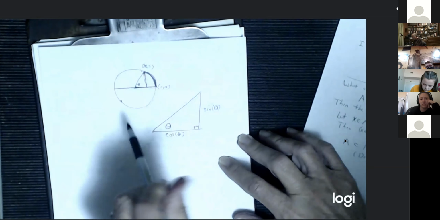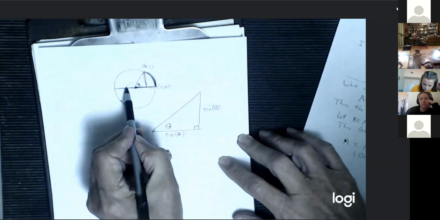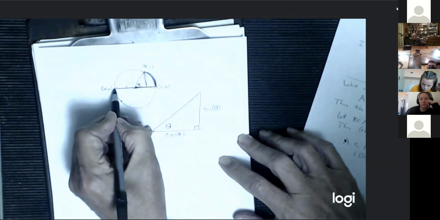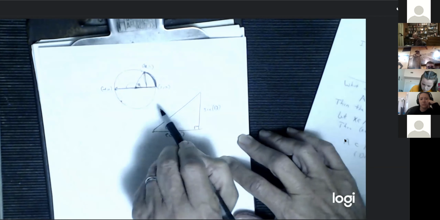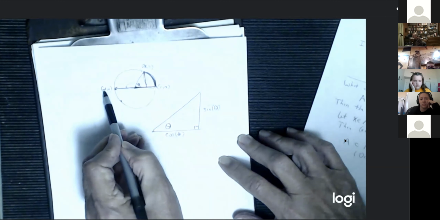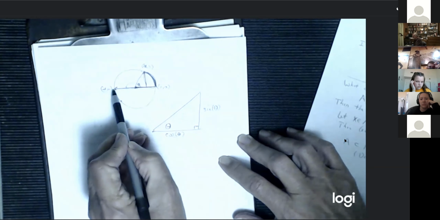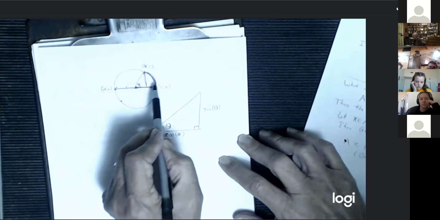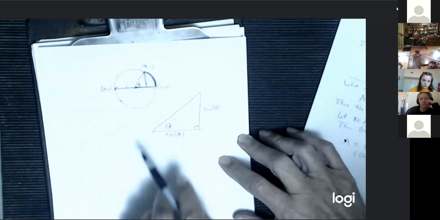Well, if I have an angle of 180 degrees, what is this point out here? That's the end point of that angle. It's at -1, 0. Therefore, the cosine of 180 degrees is -1 because that's the x value along the axis that measures the arc. Okay?